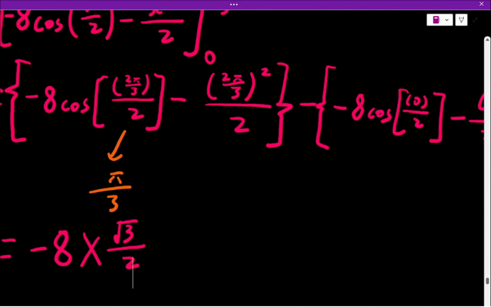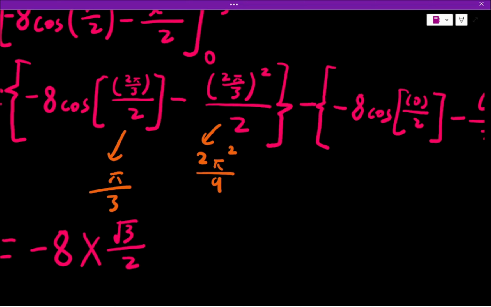This part, the numerator is going to be 4 pi squared over 9. Then we're dividing by 2, so we're multiplying it by half. So essentially this 4 becomes a 2. So this is going to be minus 2 pi squared over 9.